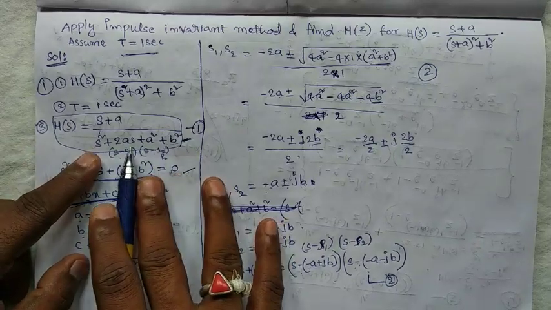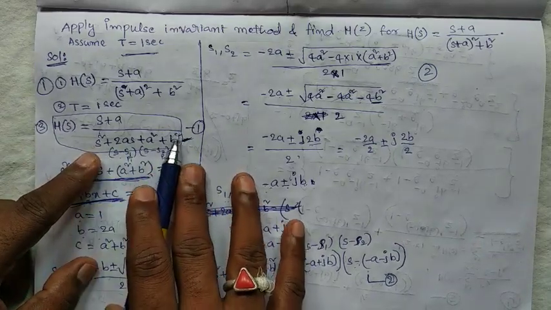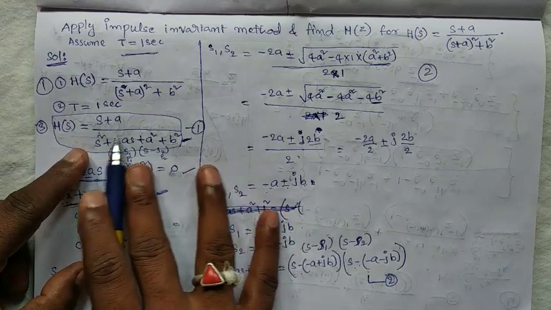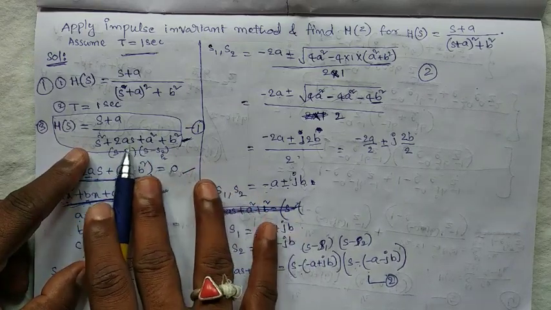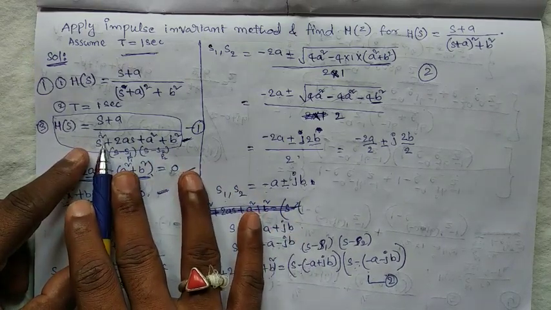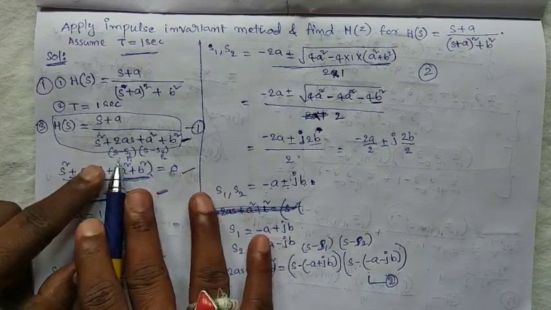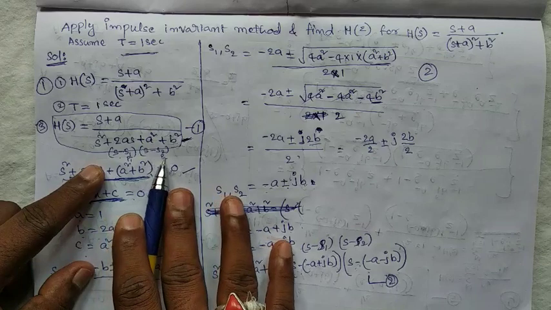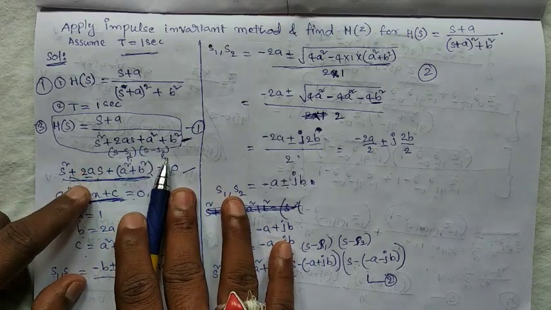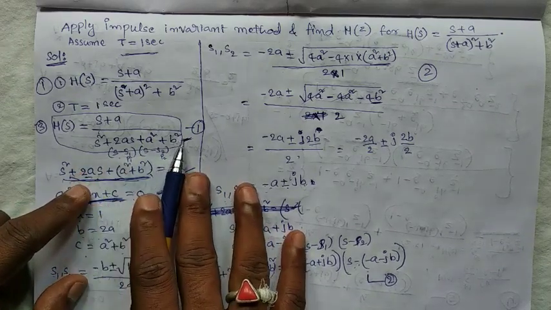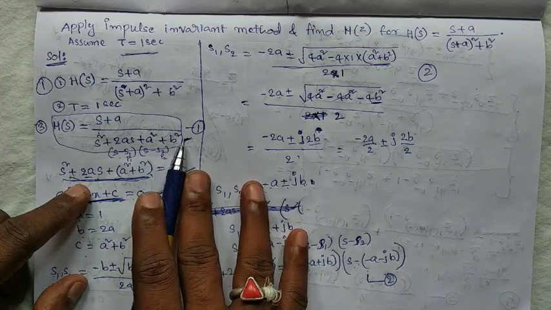Here that can be obtained by representing the denominator of H(s) as a product of two factors. Because it contains two roots, it is a product of two factors of the form (s - s1)(s - s2). These roots can be obtained by equating the denominator to 0.